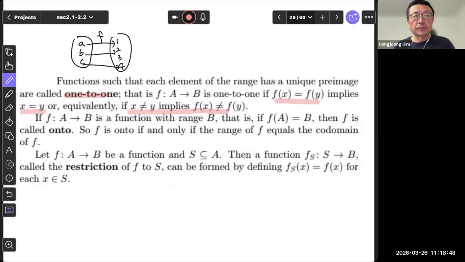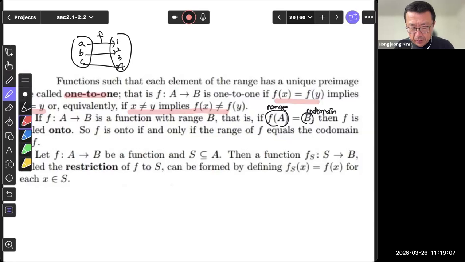Now, if the range and codomain are equal, then we say the mapping is onto, right?